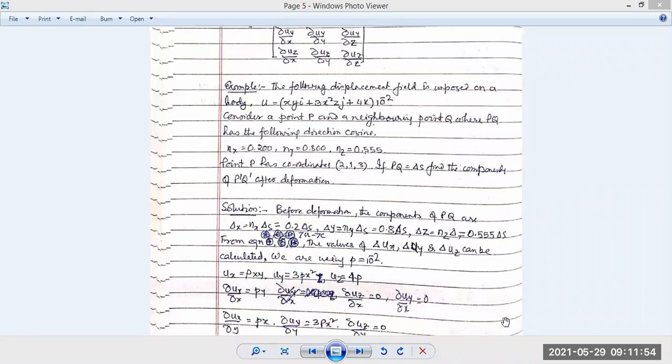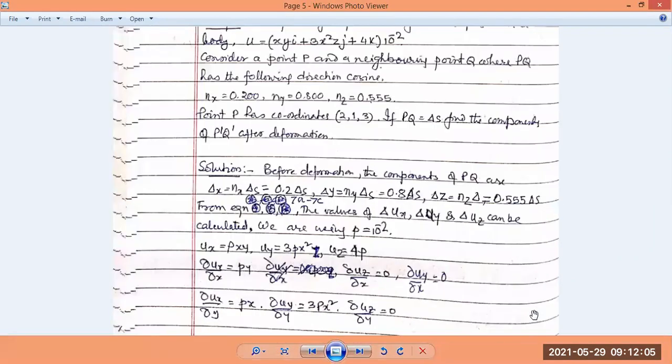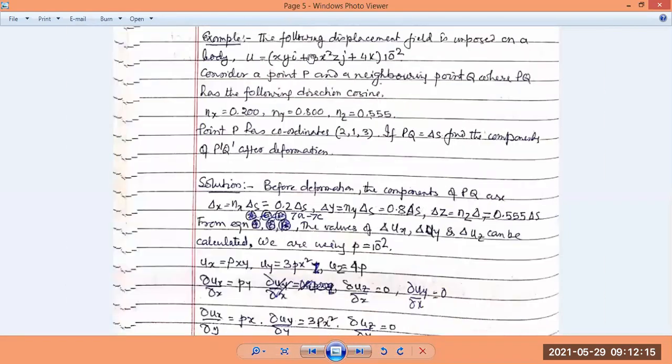So we can use our earlier discussed formula, where we have to calculate from the displacement field.